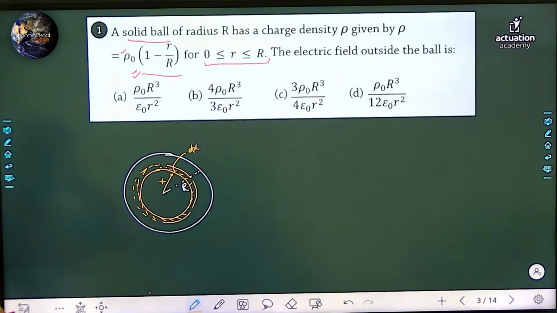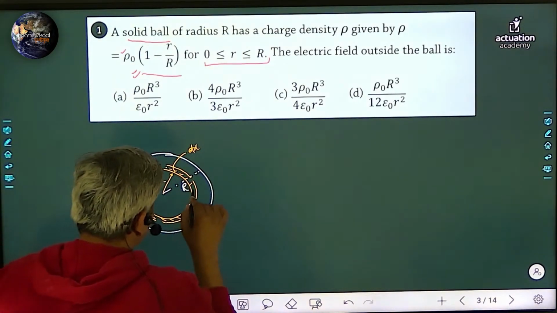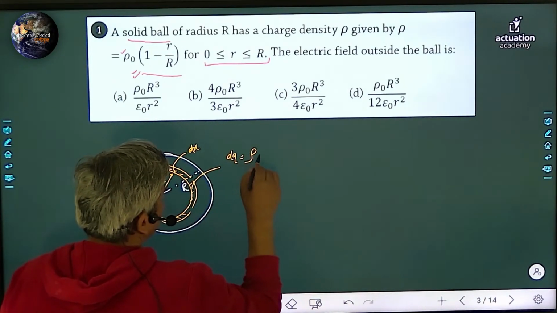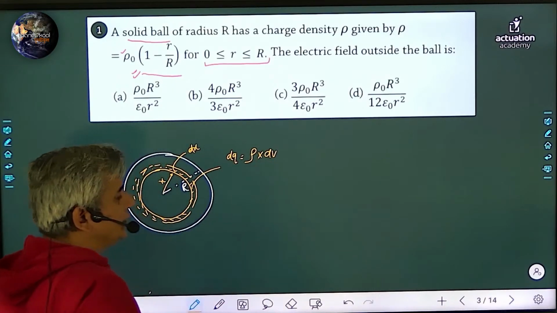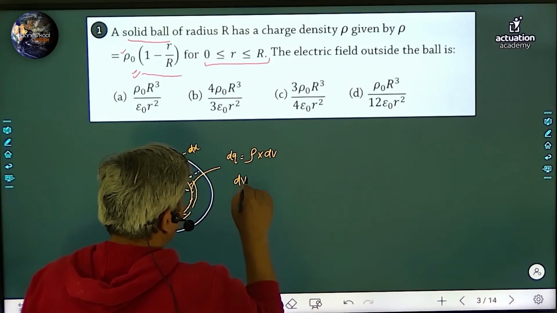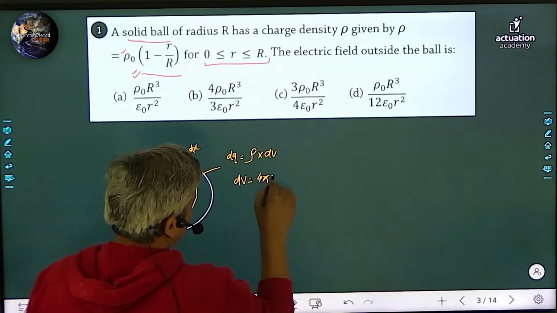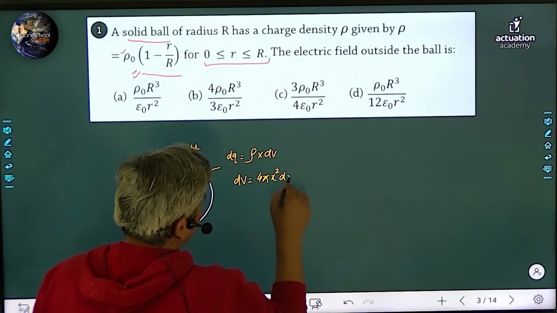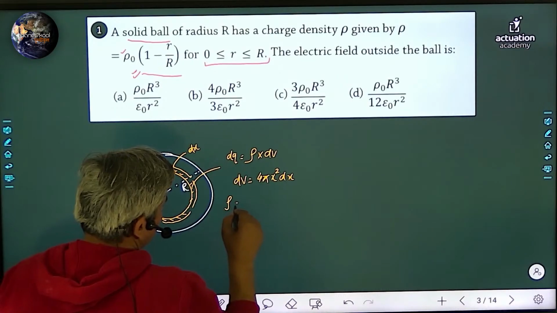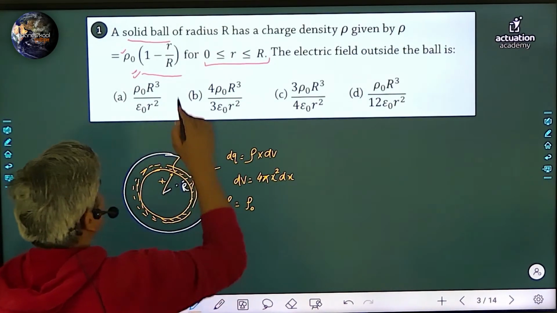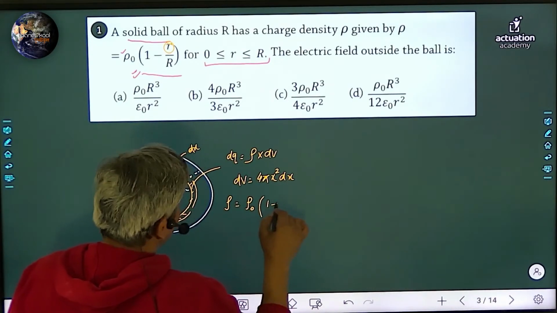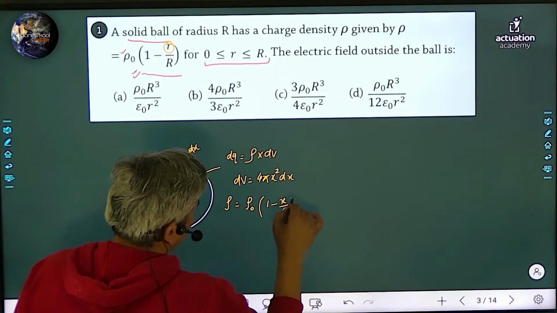Now the total charge in this shell, which is dq, can be written as the density multiplied by the small volume of the shell. The small volume of the shell can be written as the surface area of the shell, which is 4 pi x square, and the thickness of the shell, dx. And it is given that rho is equal to rho naught, let's use x in place of r, so rho naught (1 minus x by R).